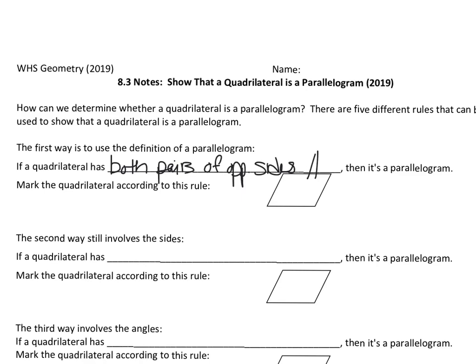So what that looks like on my picture down below here, I'm going to use a different color. Again, we use those little triangles to depict that we have our parallel sides. Okay, so I've got one set and I have 2 sets here of parallel lines. So if I have that, then I know that I have a parallelogram.